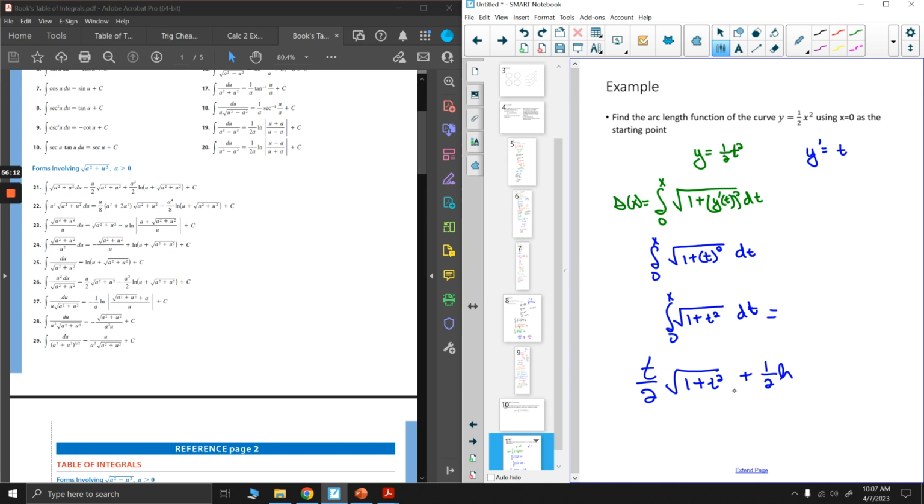This would end up being our secant cubed. So we could have done this in our previous one as well. But since we just got done doing it, I'm not going to do it again. All right. We have natural log of u, t plus the square root of 1 plus t squared. Okay, and we're taking this from x to 0.